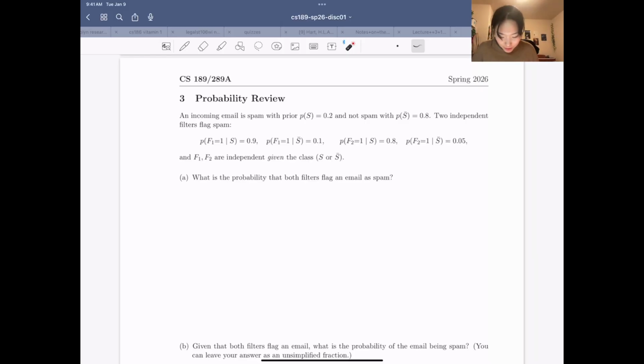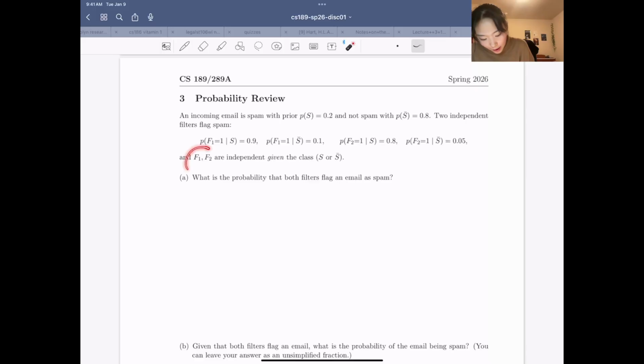Here we're given some conditional probabilities: the probability that the first filter flags something as spam, given that we actually did receive spam, is 0.9, and the probability that the first filter marks it as spam given we didn't receive spam is 0.1. And so here are some very useful values.